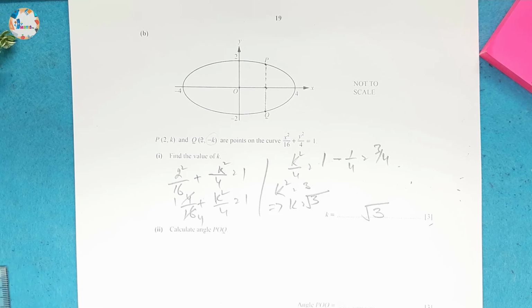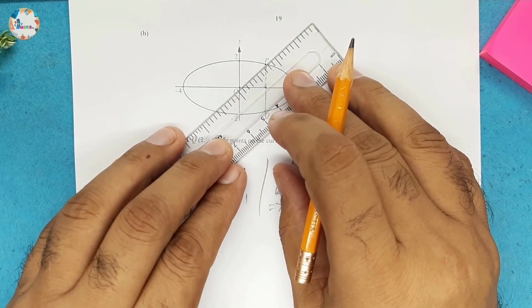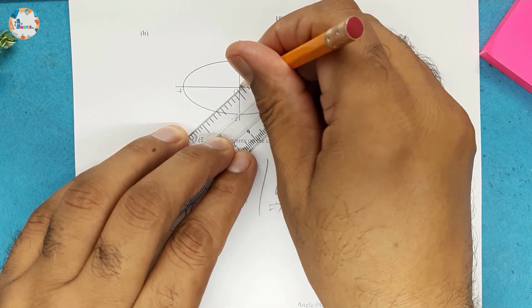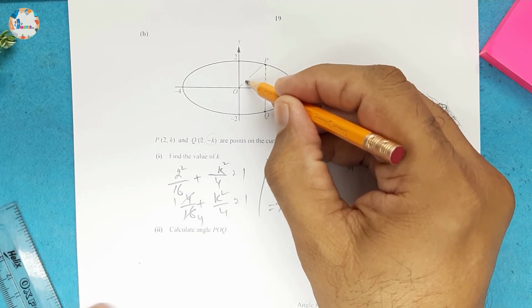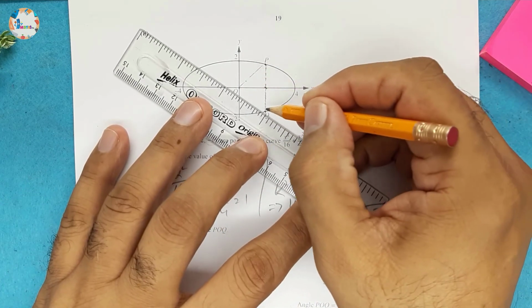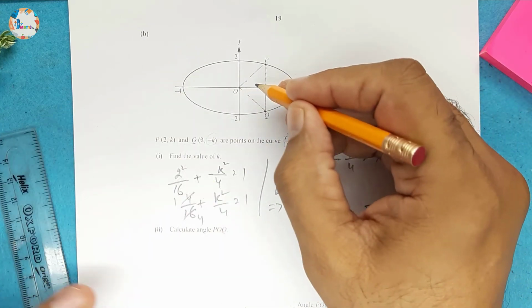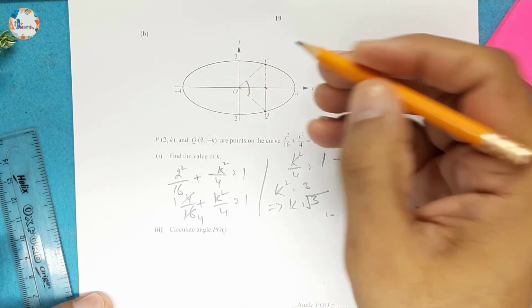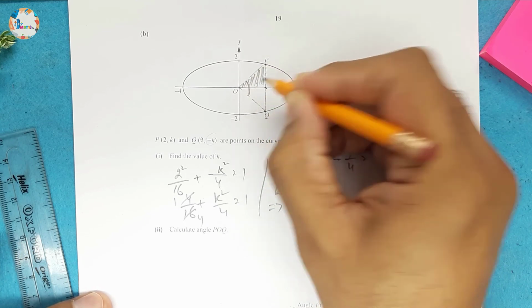Now we need angle POQ. If we join P and O, this will be the triangle which we will be considering, and they are asking for this complete angle. We will consider this upper triangle.